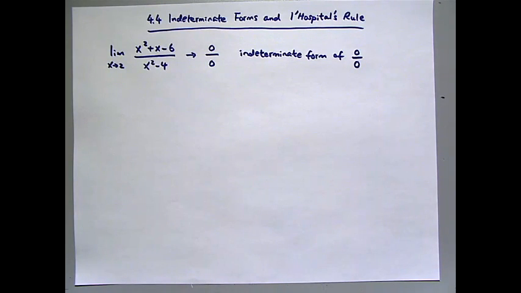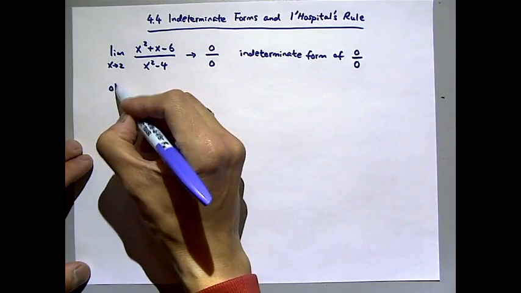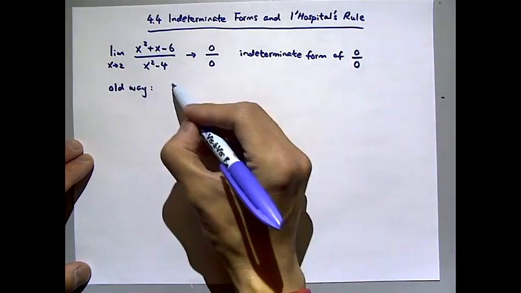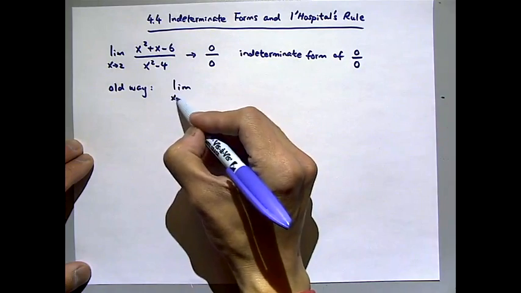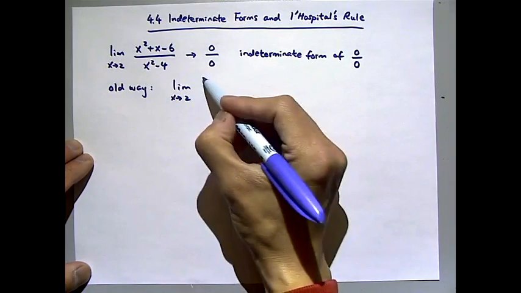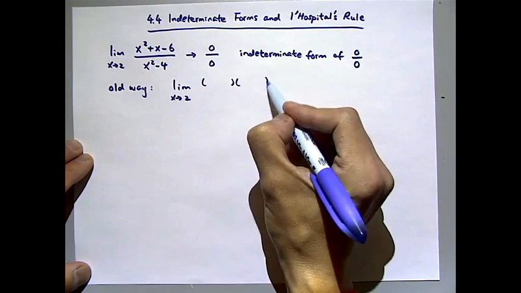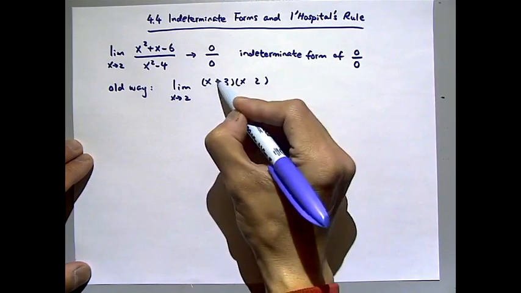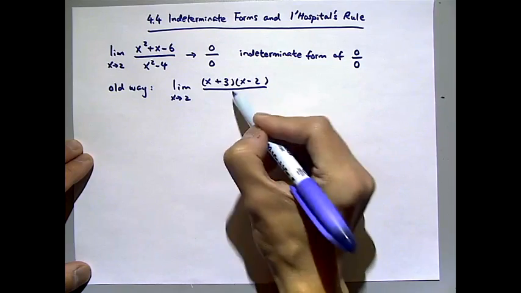The way we used to handle this was we look for things that could be factored and then canceled, and then find the limit. So the old way of doing things, remember, we factor the top and the bottom.